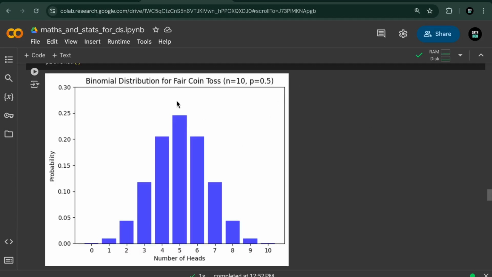Okay, but here the binomial distribution that I am illustrating is of tossing a coin.